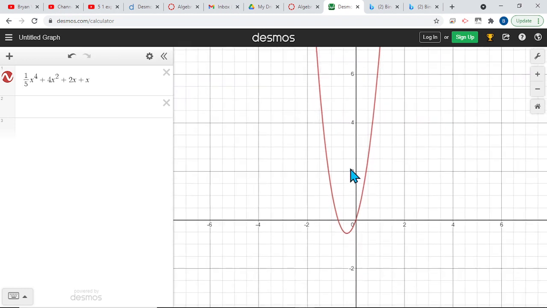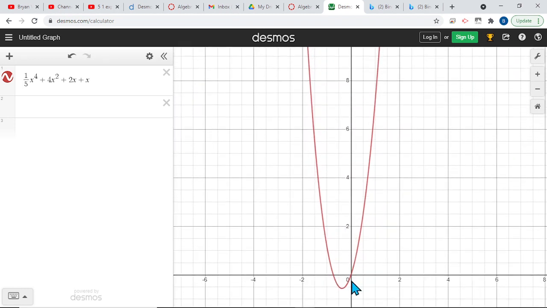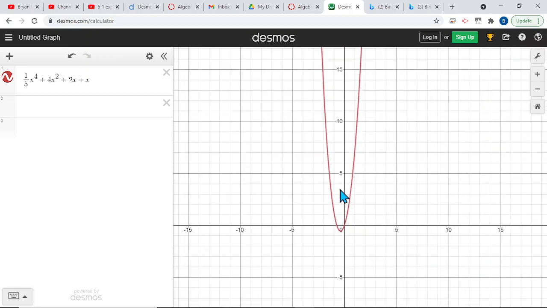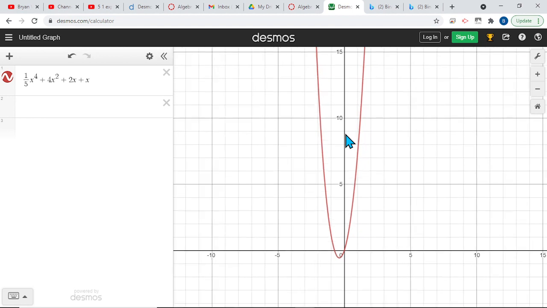Looks like as you start at the origin and go to the left, the graph actually goes down a little bit, but the end behavior, as we keep going to the left, it goes up and up and up. And if we start at the origin and go to the right, it also goes up. So that's the end behavior of this one.